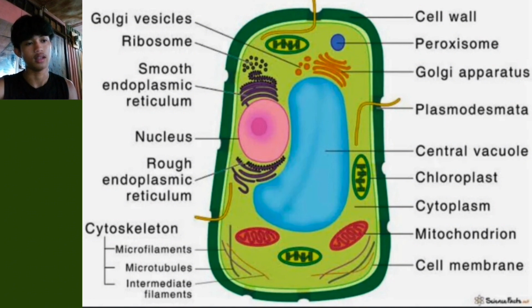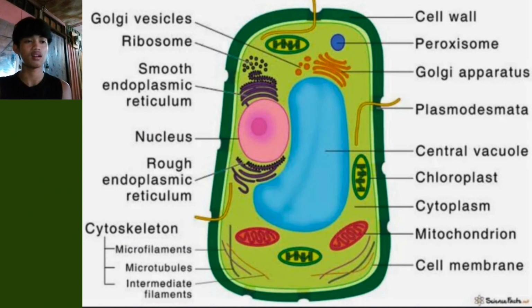Next, we have the chloroplast. Chloroplasts are organelles in plant cells responsible for photosynthesis, containing chlorophyll pigments that capture light energy to convert carbon dioxide and water into glucose and oxygen.